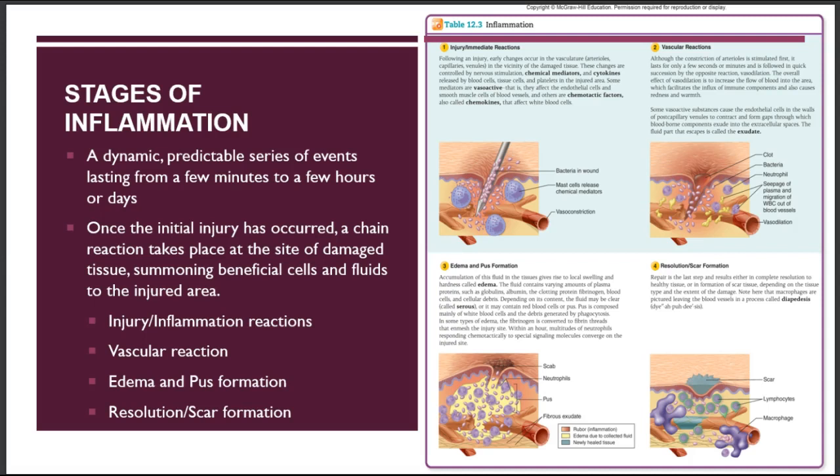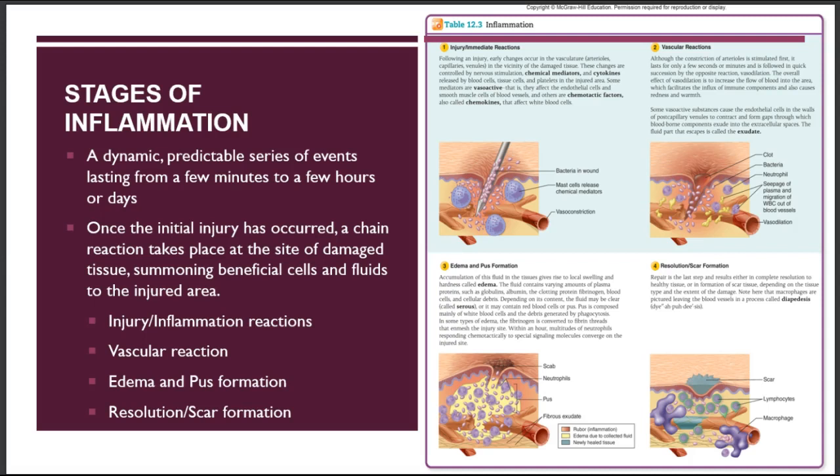And then finally, we're going to reach step 4, where we have resolution of the injury. We might have scar formation. The white blood cells in the tissues are going to leave that site.